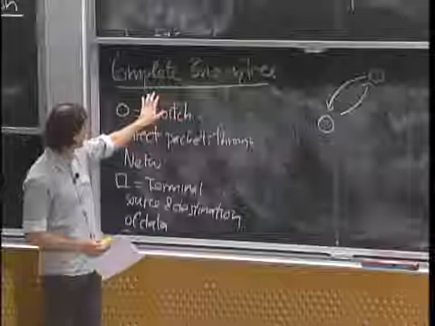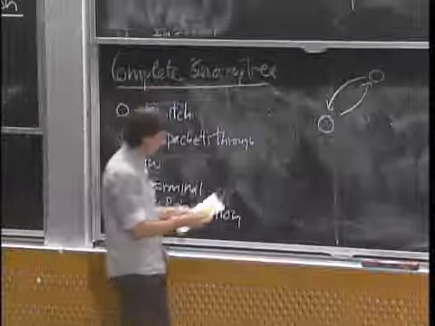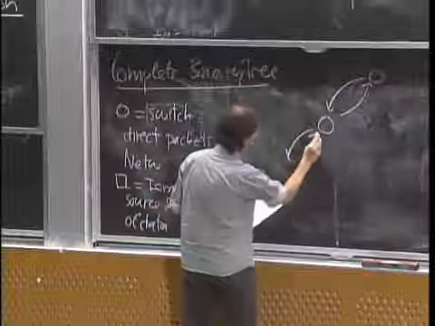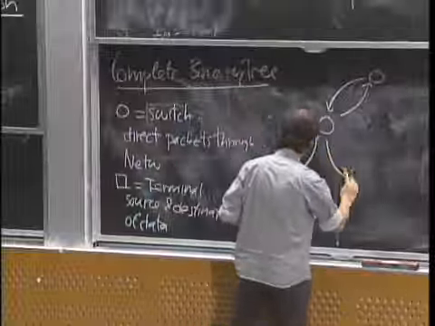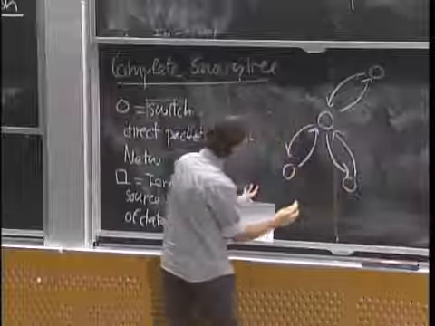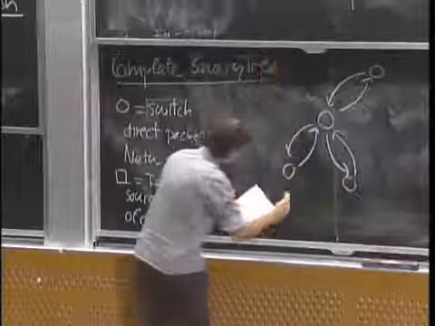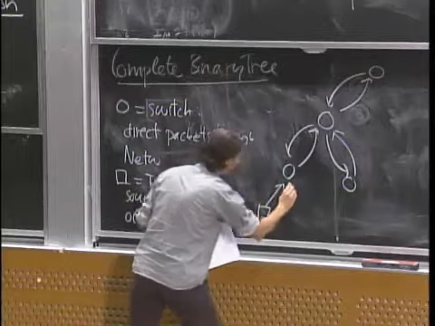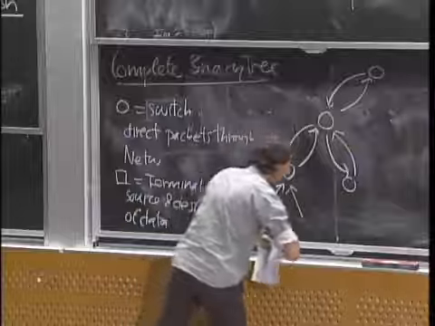So the first one is this binary tree, and let's see how this may work. We may have switches that have inputs coming from terminals.